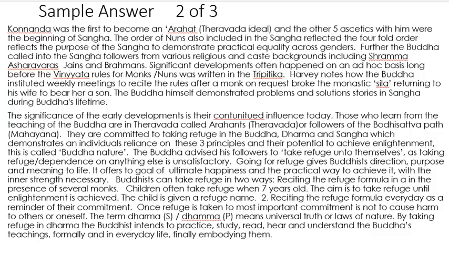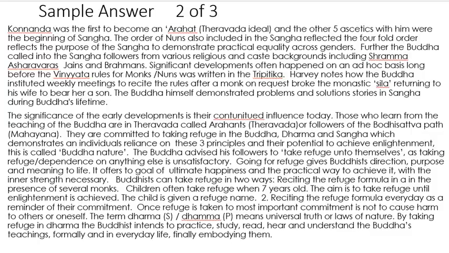Harvey notes that the Buddha instituted weekly meetings to recite rules after a monk on request broke his monastic sila, or vows, ethics, returning to his wife to bear her a son, i.e. having sex. The Buddha himself demonstrated problems and solutions in the stories in the Sangha during the Buddha's lifetime.